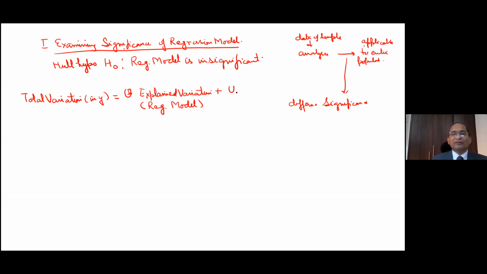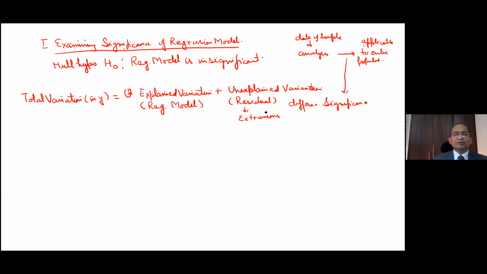Along with the explained variation, we also have variation because of some other reason. This type of variation is known as unexplained variation, or variation because of the residual, or variation because of an extraneous factor, right?